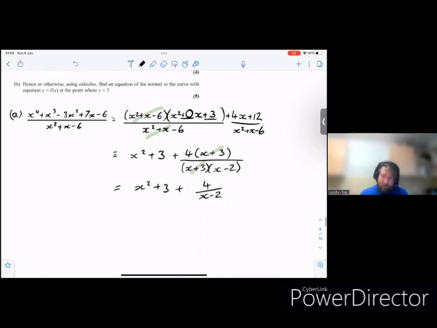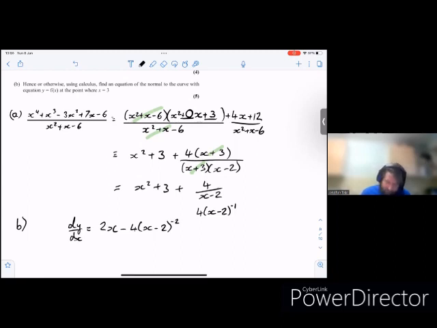Hence or otherwise, find an equation of the normal at x equals 3. So B, we want dy by dx. Okay, so for this equation of the normal, we need dy by dx, which will be 2x, and then remembering that 4 over x minus 2 is 4 times x minus 2 to the minus 1, so this becomes minus 4 times x minus 2 to the minus 2.